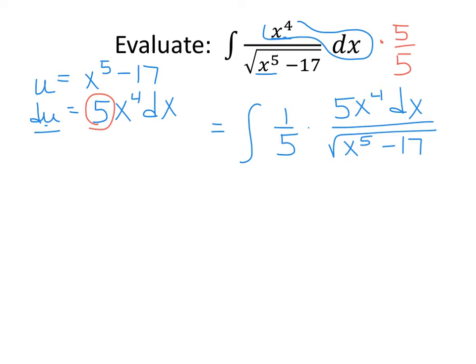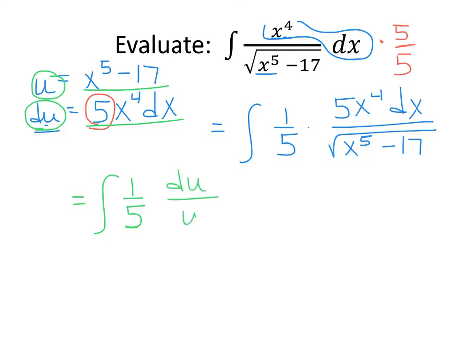Now I can do that substitution. Instead of writing x to the fifth minus 17, I can use u. Instead of writing the 5x to the fourth dx, I'm going to plug in du. So my substitution becomes the integral of 1/5 du over the square root of u. 1/5 is a constant, so I can pull that out front.